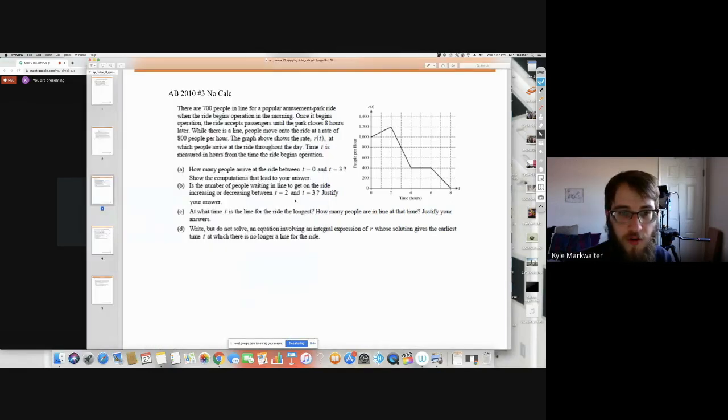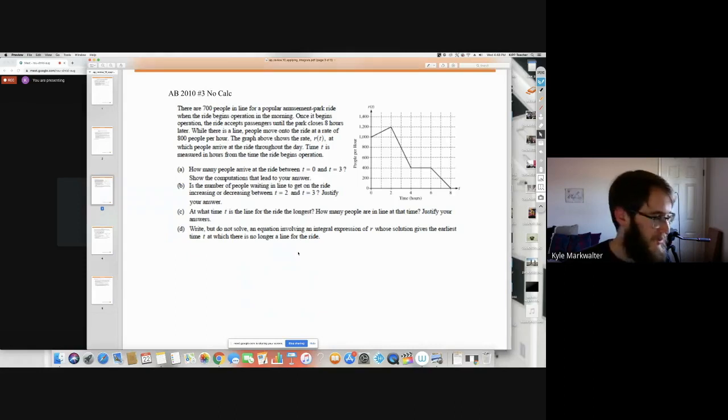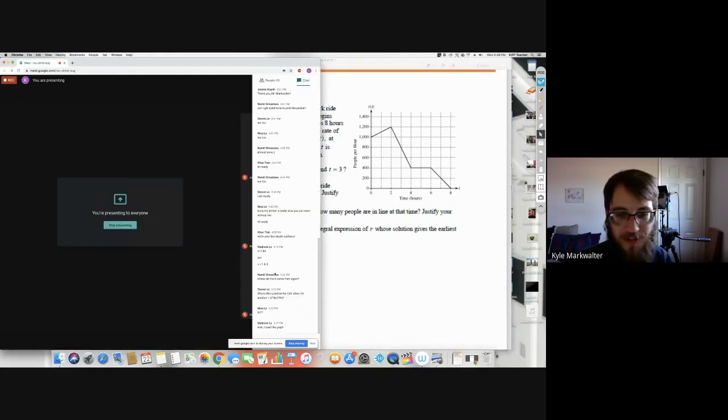Madison, for part A, what integral could you write that would determine A for us? Yes, I bet you did use the graph, so I'm asking a slightly different question. If you had to use an integral to represent what you did on the graph, what would the integral be?